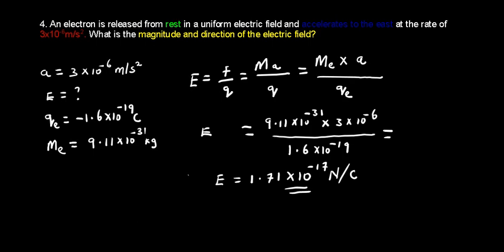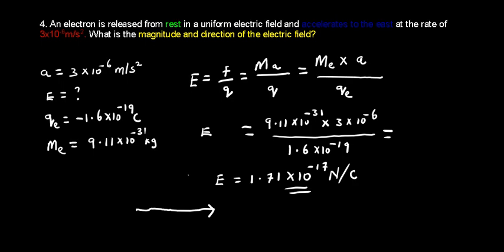Now, what about the direction? Remember, it says that an electron is released from rest in a uniform electric field and it accelerates eastward, at the rate of 3 times 10 to the negative 6 meter per second square. Then what is the direction of the electric field?